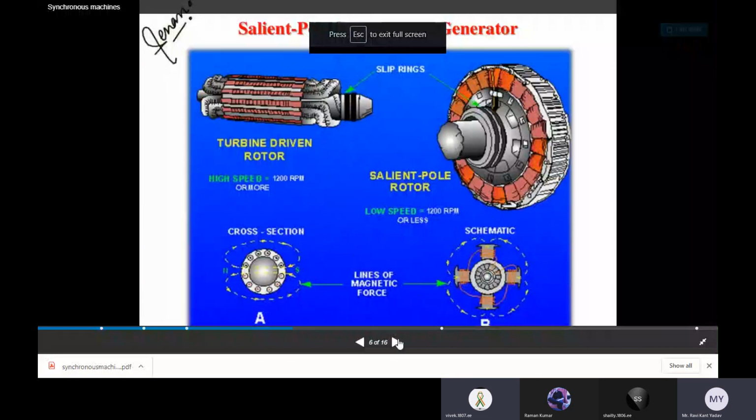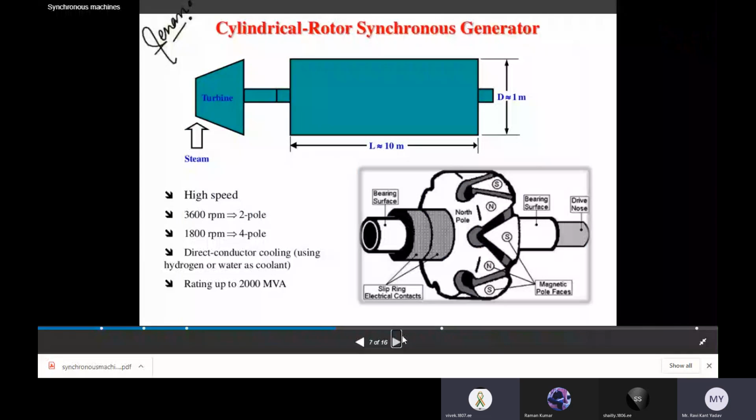Now we will move to the next step, the cylindrical rotor synchronous generator.